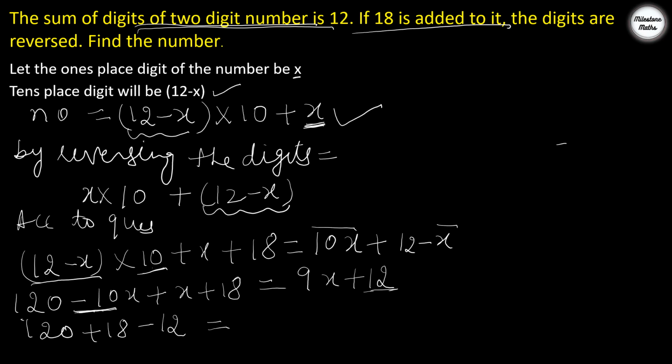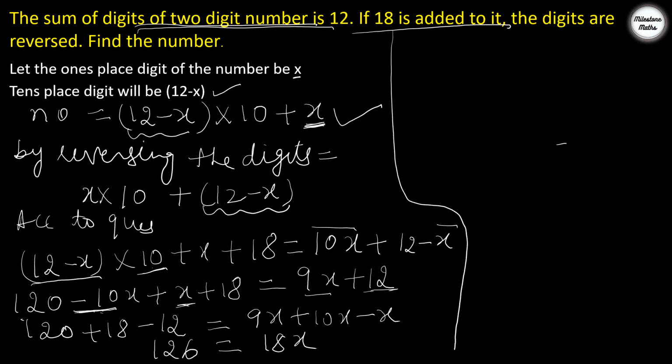Here we have 9x, and this minus 10x will transpose, so it will be plus 10x, and this plus x will transpose, so it will be minus x. So now you will solve. 9 plus 10 is 19x, minus x is 18x, and here if you solve 120 plus 18 minus 12, you will get 126, right?